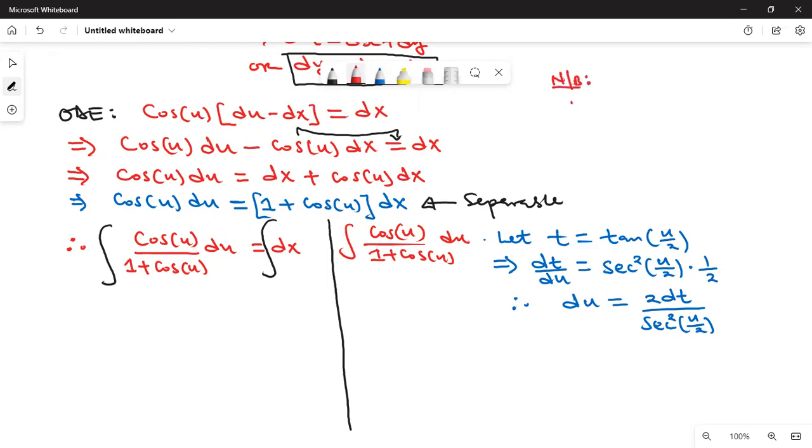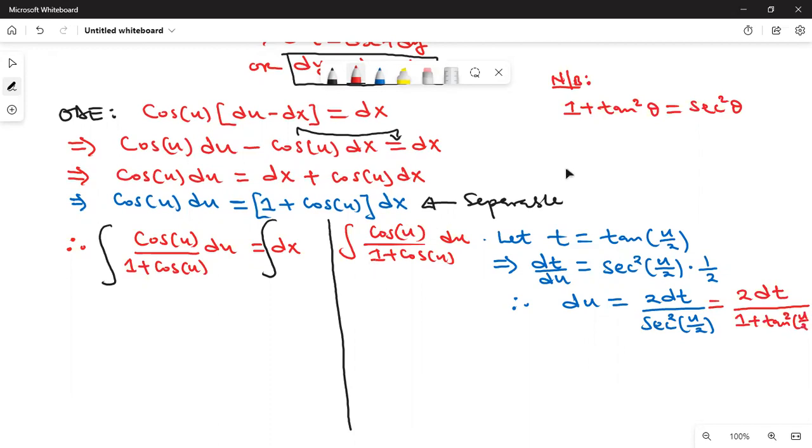This identity is very important, that 1 plus tan squared theta is equal to sec squared theta. Therefore, this can now be written as 2 dt over 1 plus tan squared of u over 2.